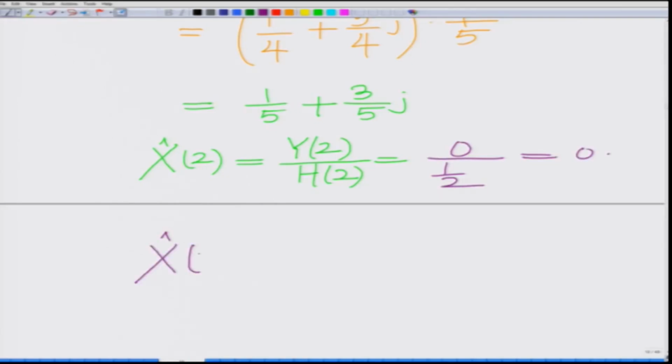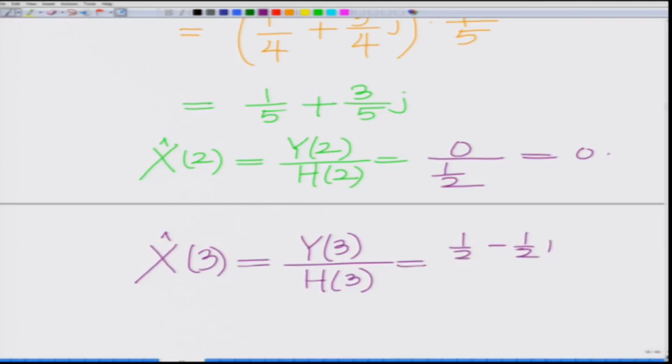And finally, capital X hat of 3, the estimate of the third FFT coefficient of the transmitted symbols, is capital Y 3 divided by capital H 3, which is equal to half minus half j divided by 1 plus half j.